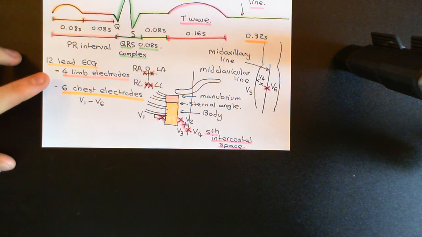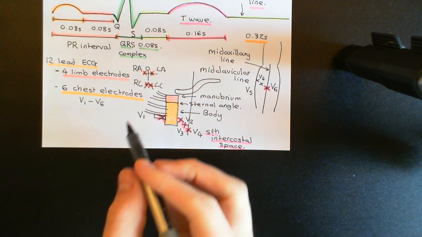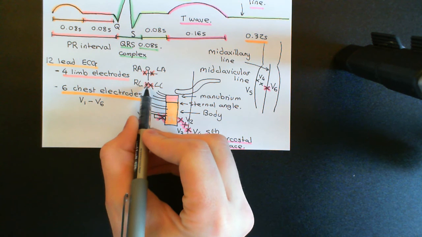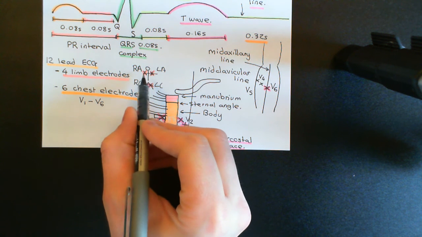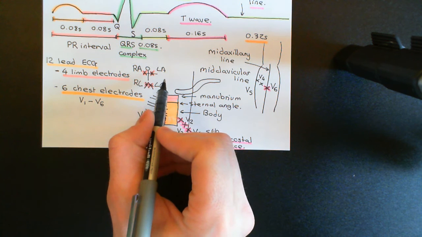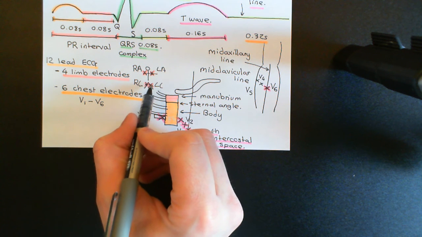Okay, so the limb leads are just going to involve the limb electrodes. Now, we're never actually going to use the right leg electrode to measure the electrical potential difference between 2 points and generate an ECG, and that's because the right leg and the left leg are pretty much equivalent.